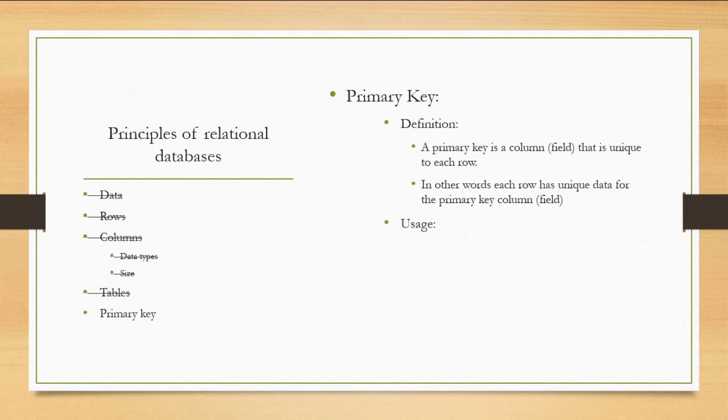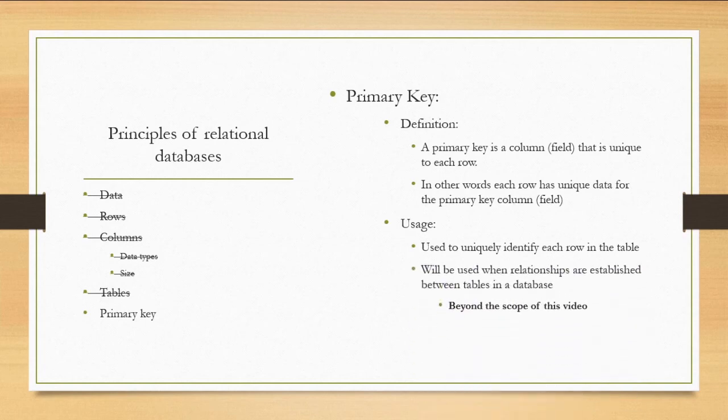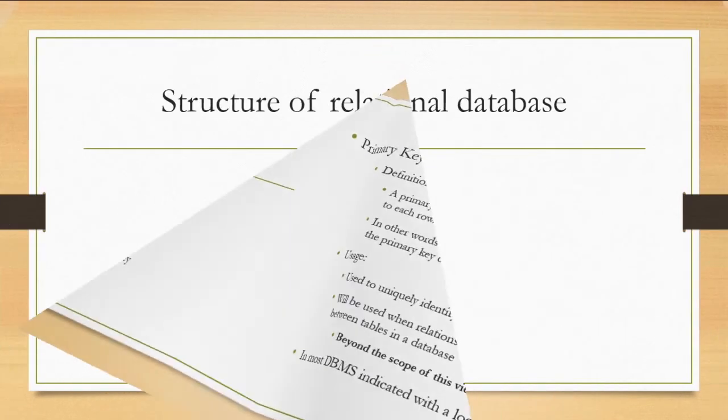Why is this important? Used to uniquely identify each row in the table. Will be used when relationships are established between tables in the database. This establishment of relationships between tables is beyond the scope of this video. In most database management systems, primary keys are indicated with a lock or a key.